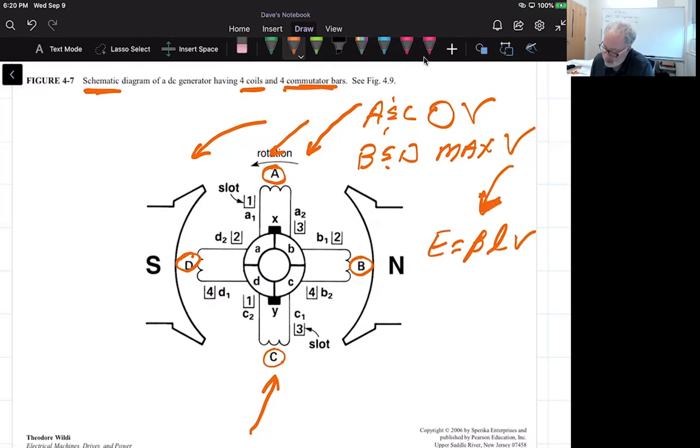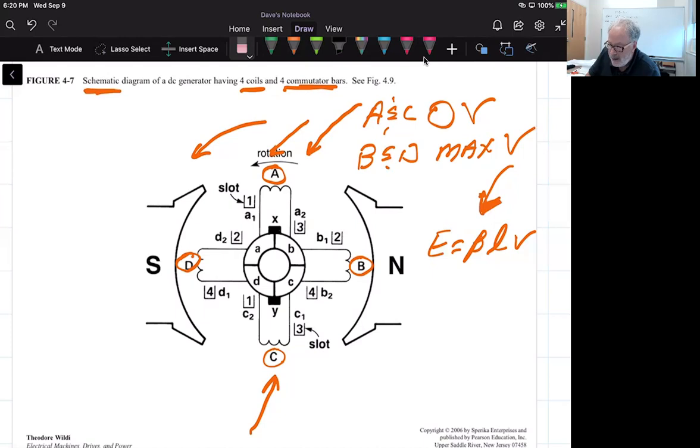But we also need to remember that each coil side, and here's one side of the coil, and here's the other side of coil A, is supposed to represent that the coil is laid into a slot.